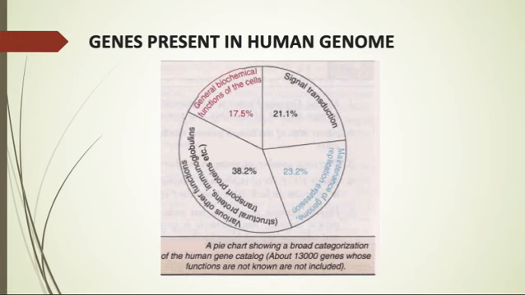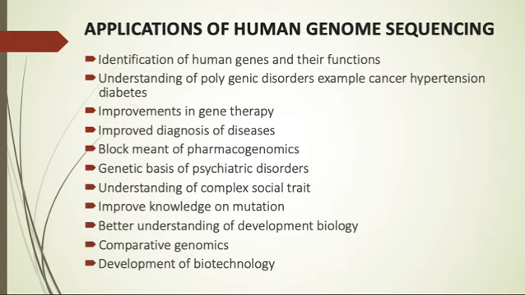We'll go on next to the applications of the human genome sequencing. They help in identification of the human genes and their functions. They help in understanding polygenic disorders, for example cancer, hypertension, diabetes. They also help in improvement of gene therapy and improved diagnosis of particular genetic diseases.